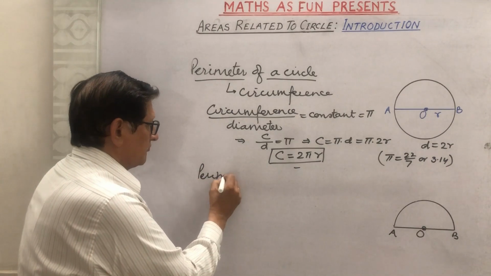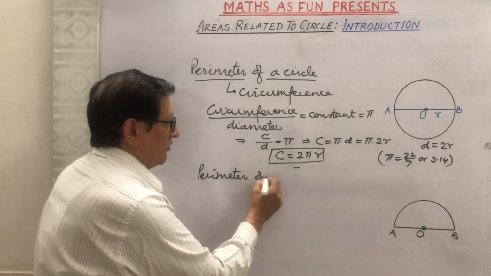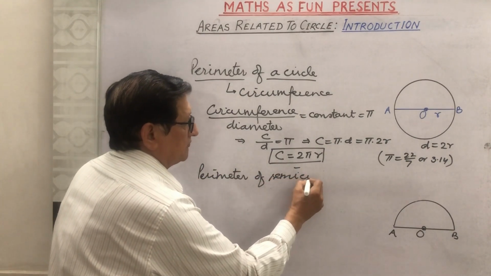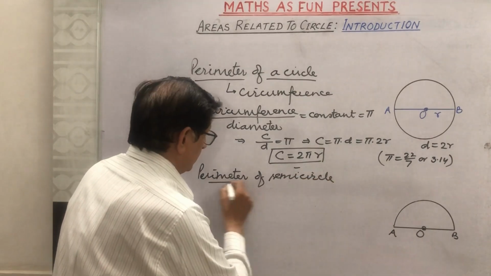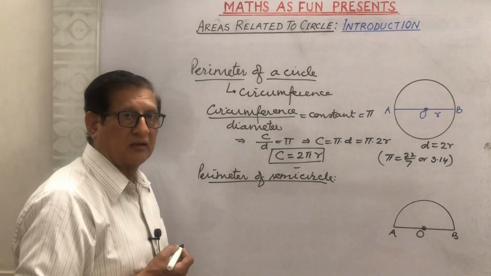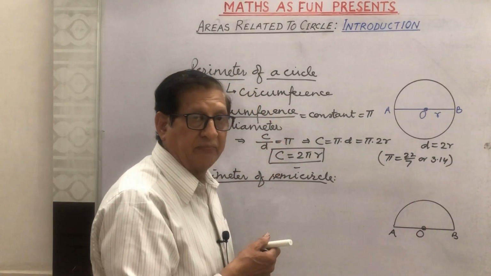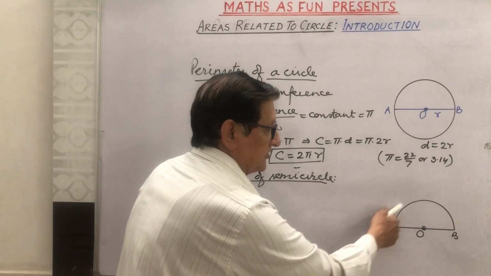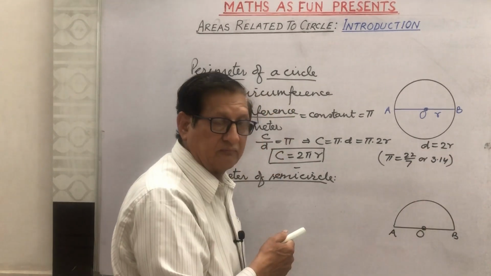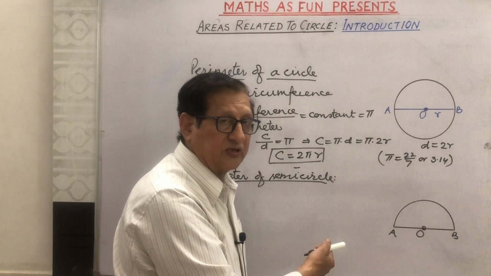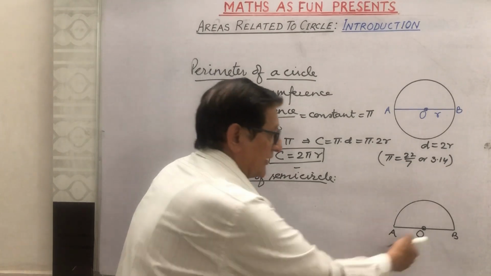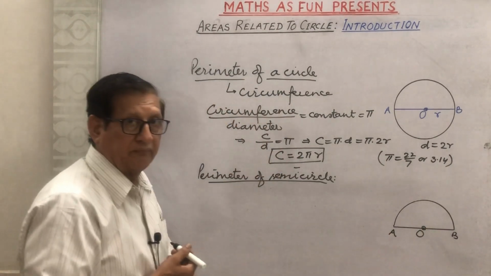Perimeter of a semicircle. We can say here that the perimeter of a semicircular sheet contains two parts. One is the circumference of it, that is half of the circle, and one is the diameter.